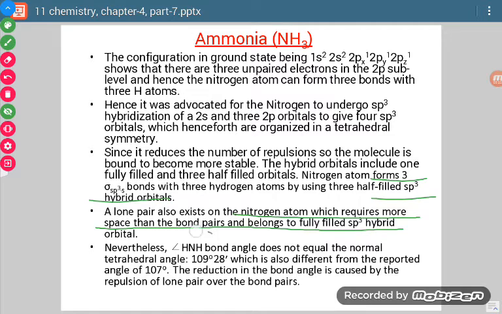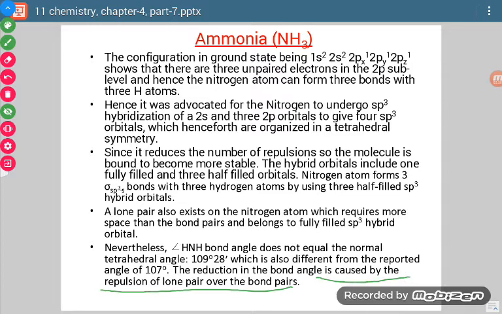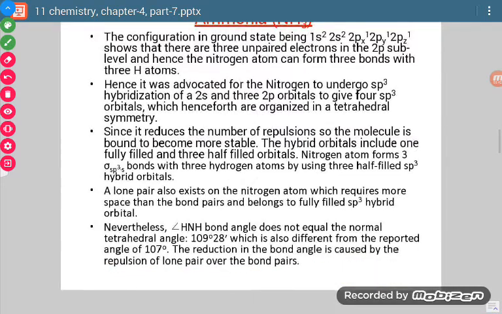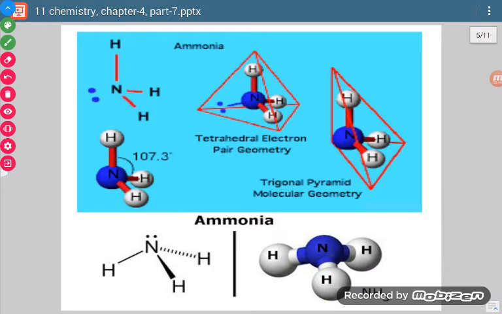So this bond angle, which is expected to be this much, is not like that, but it comes out to be 107 degree. So this reduction in the bond angle is because of repulsive forces. Okay, so because of repulsion of the lone pair to the bond pairs, this happens. Now see here from the diagram, to be exact, this bond angle is like this, but if we write 107 degree, that is also okay.